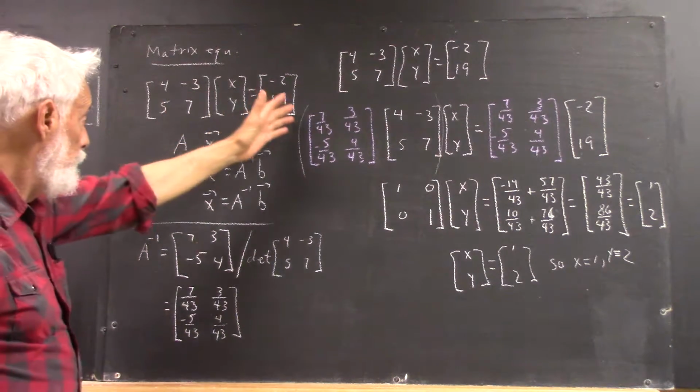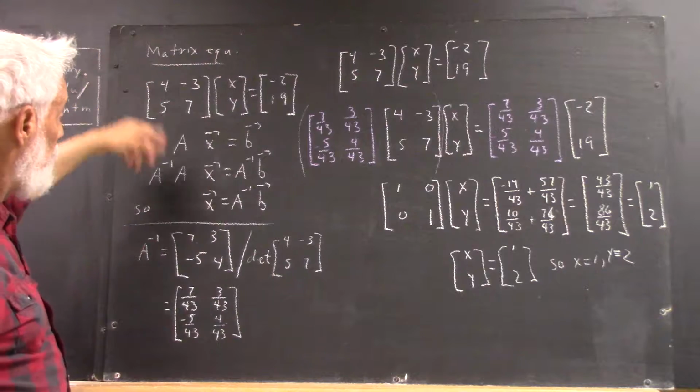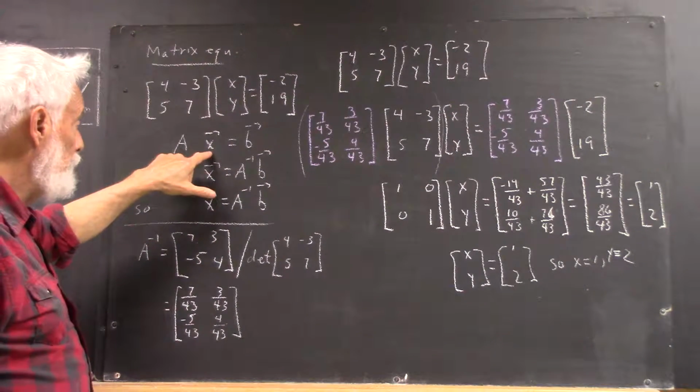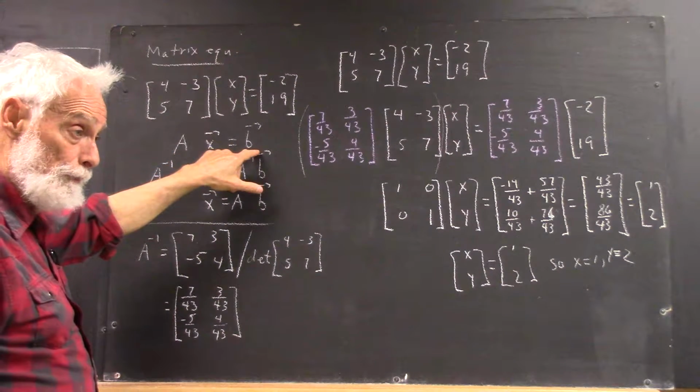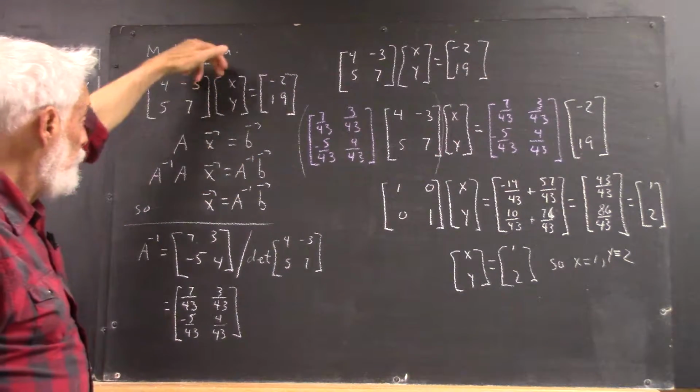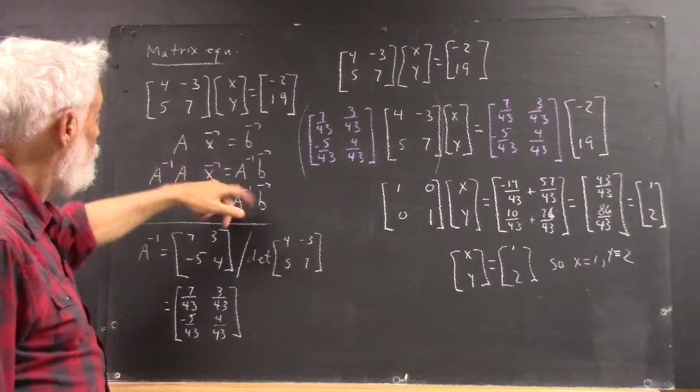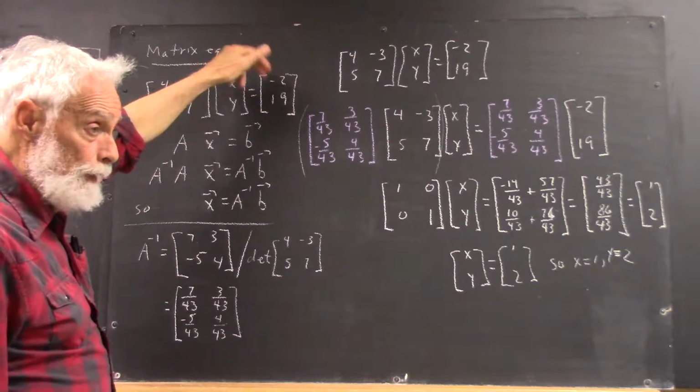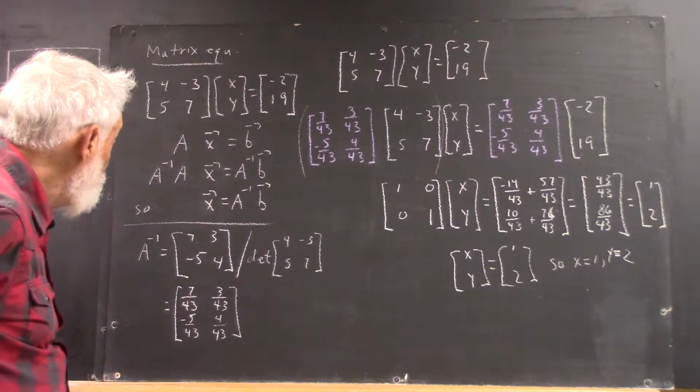So here it is. Now, this is an equation in the form A times x vector equals b vector, where A is this matrix, x vector is this column x, y, and b vector is this column -2, 19.